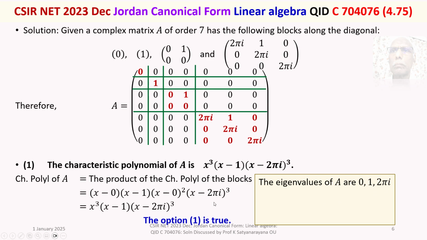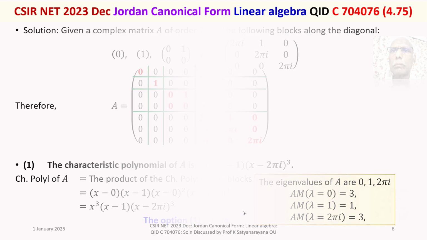The algebraic multiplicity of the eigenvalue 0 is 3, it is repeated 3 times. The algebraic multiplicity of the eigenvalue 1 is 1 because it is repeated once. The algebraic multiplicity of lambda equal to 2 pi i is 3 because it is repeated 3 times.